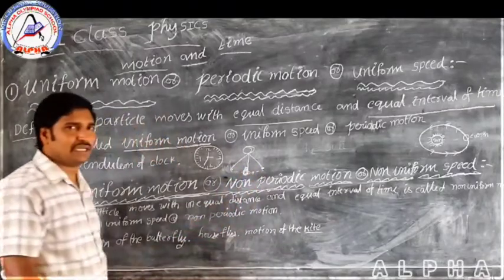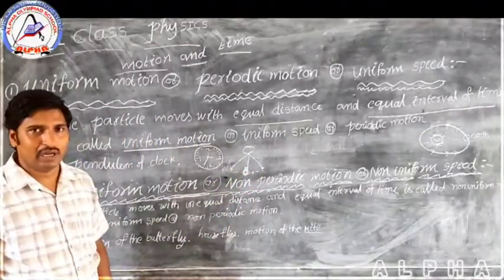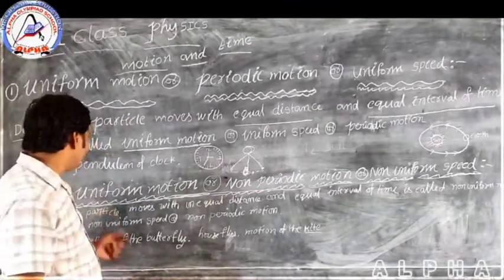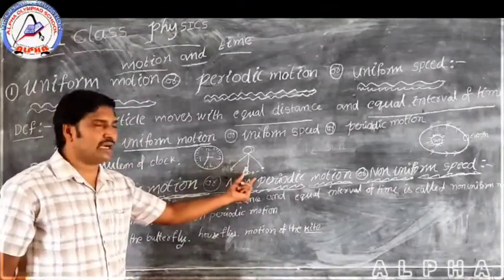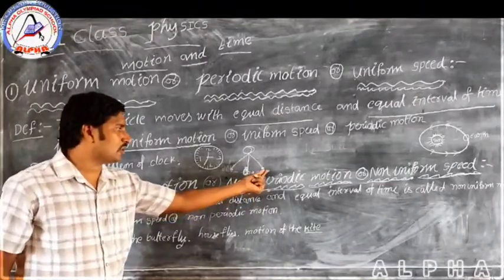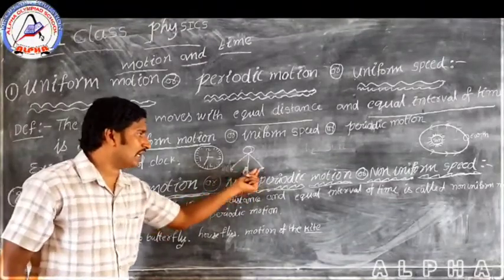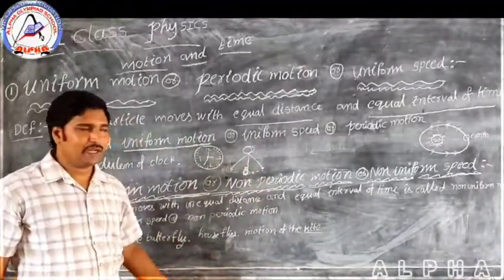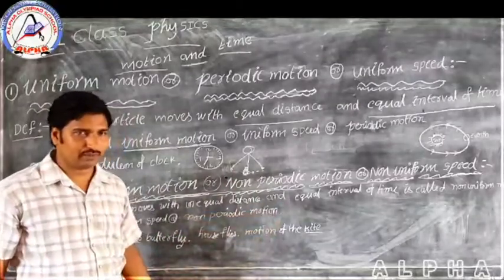That motion is uniform motion or periodic motion. The to-and-fro motion occurs, and the motion is uniform.